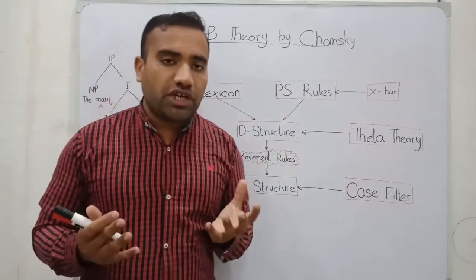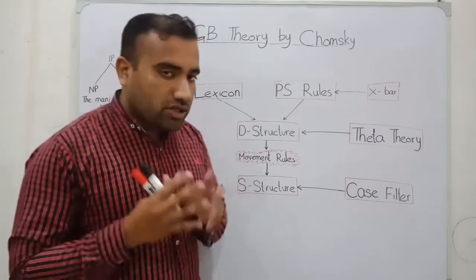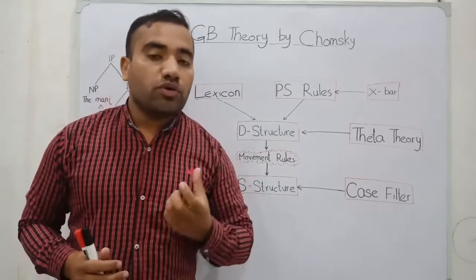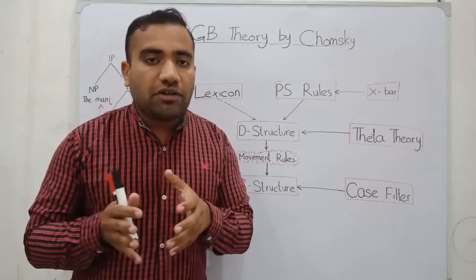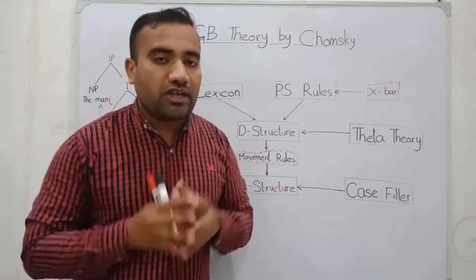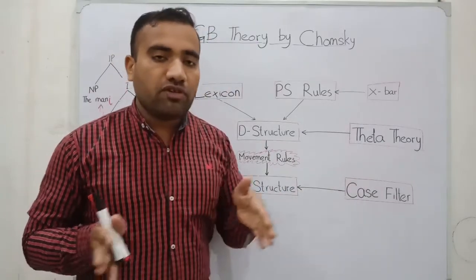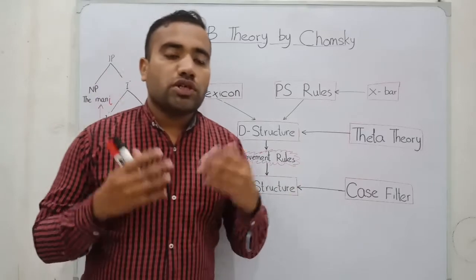And how can we generate the D structure? For generating a D structure, we need one theory, one module that controls how we can bind the items together within the sentence. This is the theta theory, because in every sentence, when we talk about the PS rule, we have two NPs.